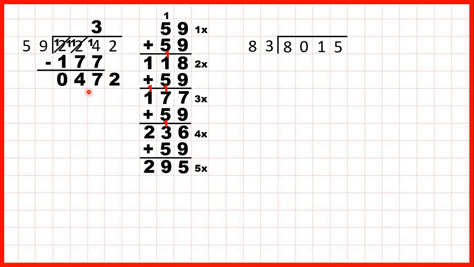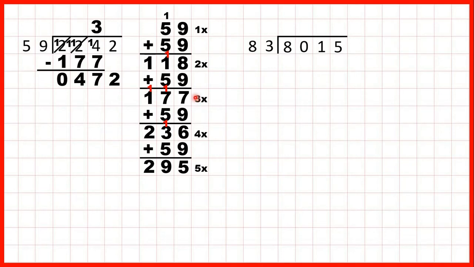But 472 is a lot more than even 295. But here, rather than adding 59 each time until we get to 472, what we can do is estimate our answer. So 295 is close to 300, and if we added 177 to that, we get a number close to our answer.